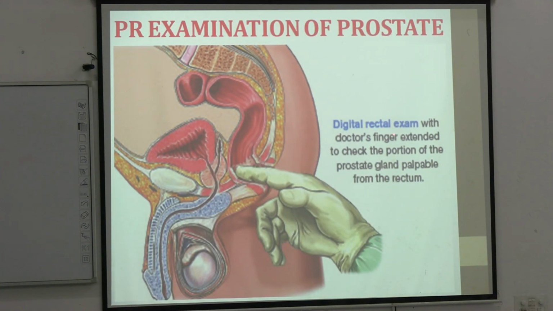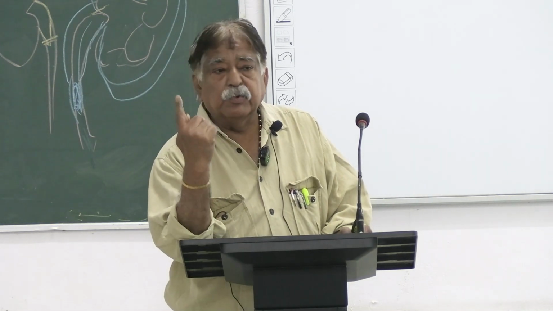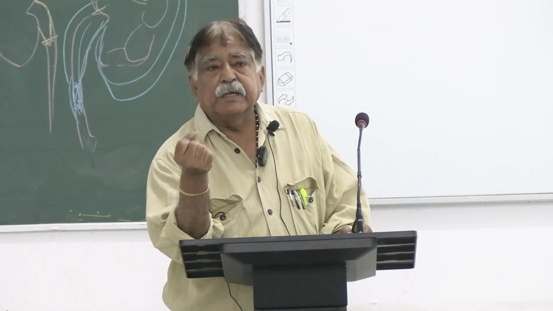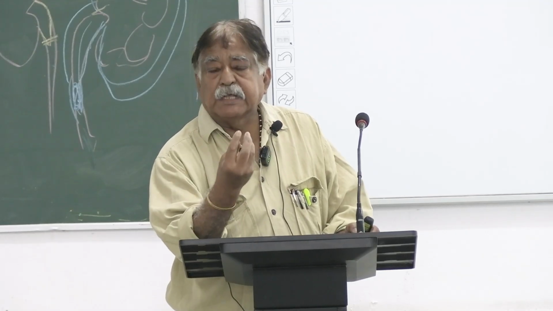Now, digital rectal examination: the doctor's finger is extended to check the position of the prostate gland, palpable from the rectum. Now, in the ultrasonography, you will get an image of the prostate gland. It is enlarged, they will describe to you, but you do a rectal examination. You take gloves, put some Vaseline or Xylocaine, put your finger in the rectum and see the structure, whether it is smooth or if a growth is there.